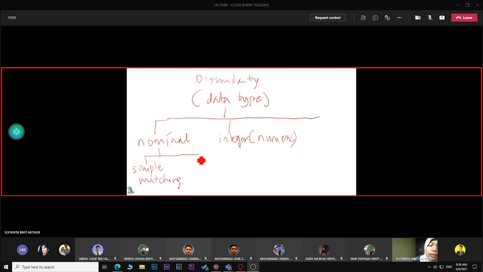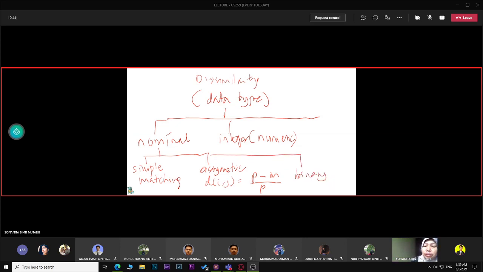Then we have another type of data, which is asymmetry. Here the distance of object i and j equals the number of nominal attributes, minus the number of matching, divided by p.